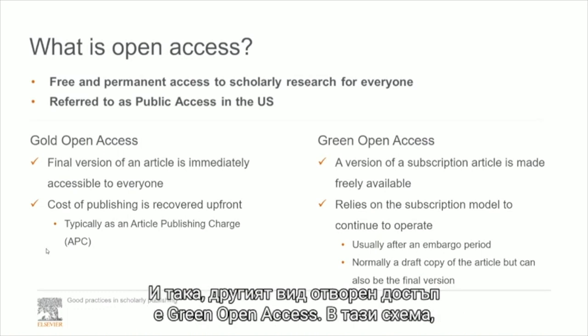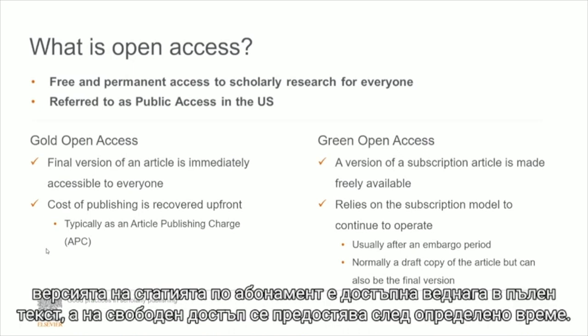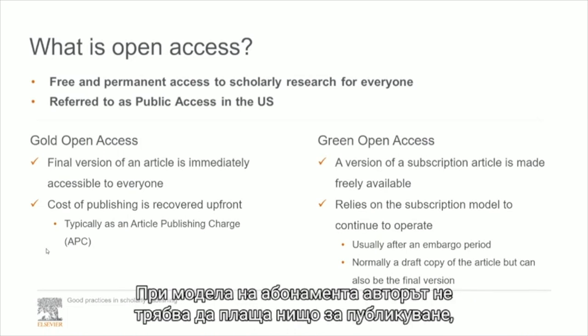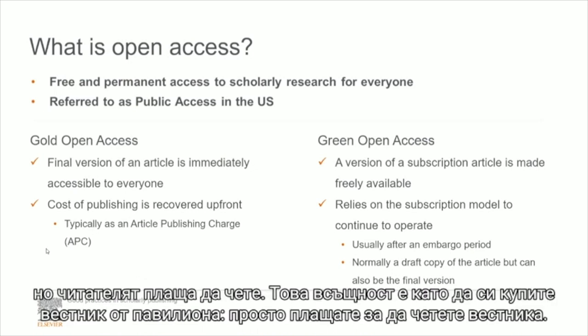Then the other open access, the green open access. In this case, the version of the subscription article is simply made freely available, after an embargo period. It is the open access that allows the subscription model to continue to operate. The subscription model looks like this: the author doesn't pay anything for publishing, but the reader pays to read.